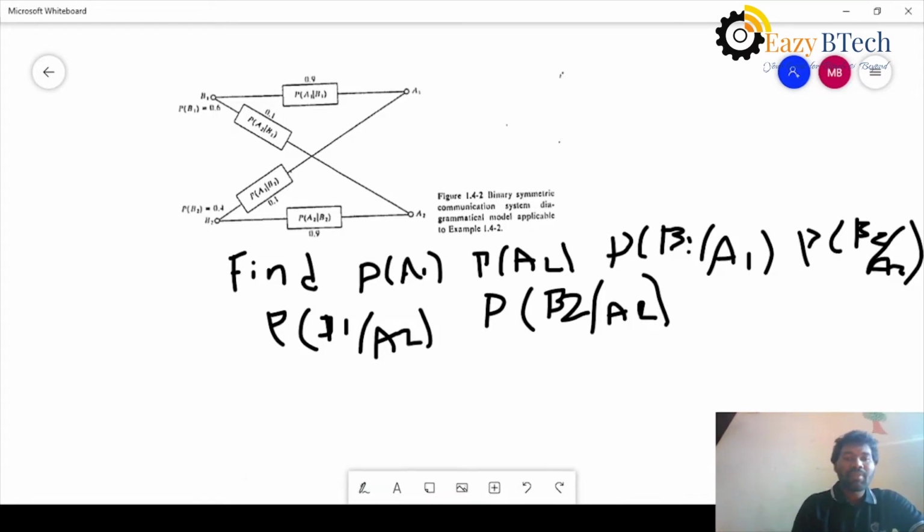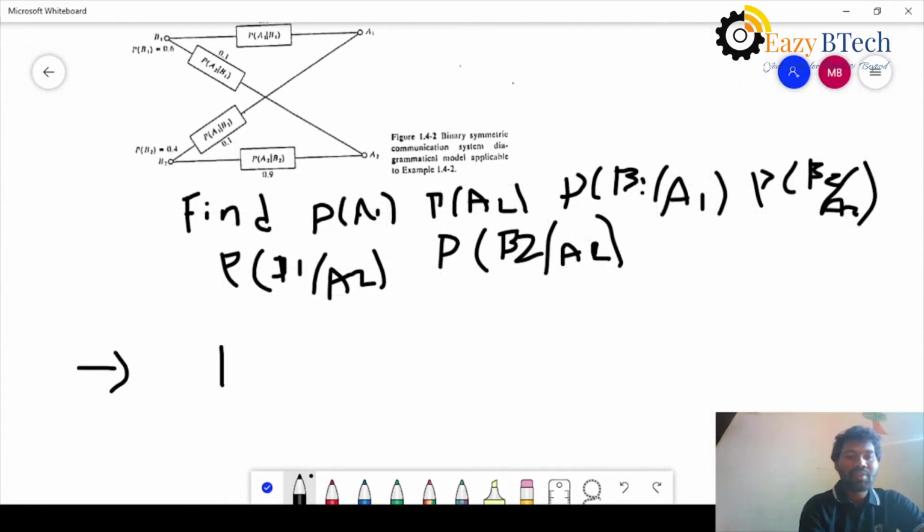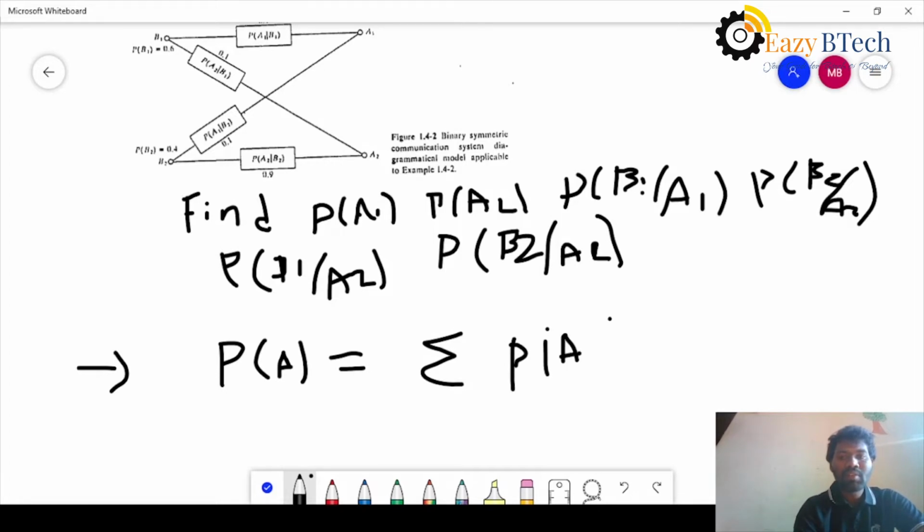Now see, from the given figure we have six things: P of B1, P of B2, P of A1 given B1, P of A2 given B2, P of A1 given B2 and P of A2 given B1. From the total probability we already know that P of A is equal to summation P of A given Bn into P of Bn.